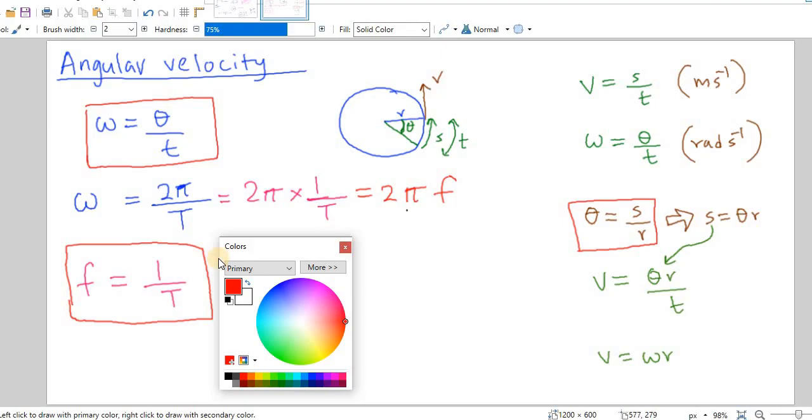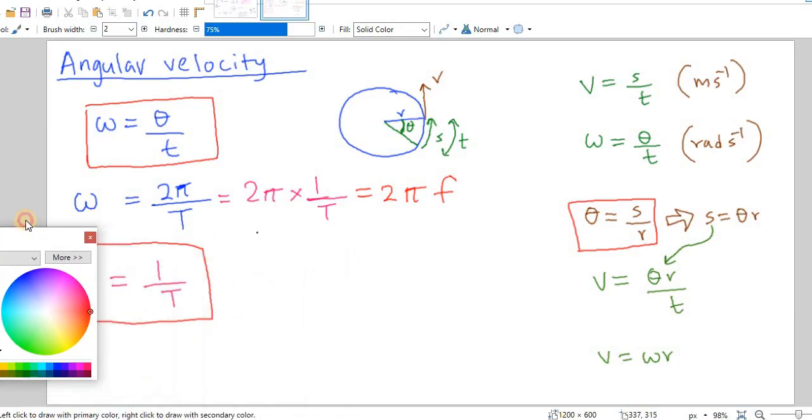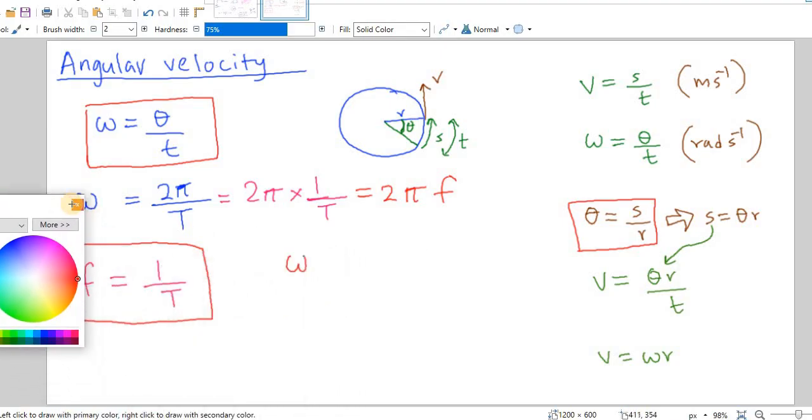This is also important, so I will write it here: omega equals 2 pi f, because this has omega and f, the frequency. This is normal frequency, not angular frequency. f is the frequency, omega is the angular velocity. Now in another chapter under simple harmonic motion or oscillations, you will see that omega is the angular frequency.